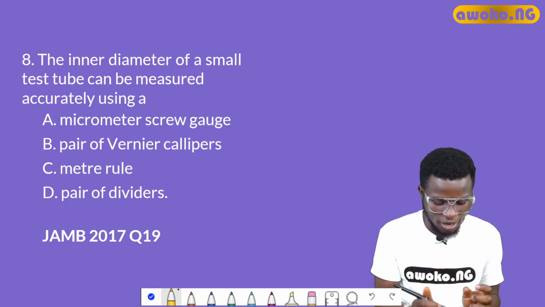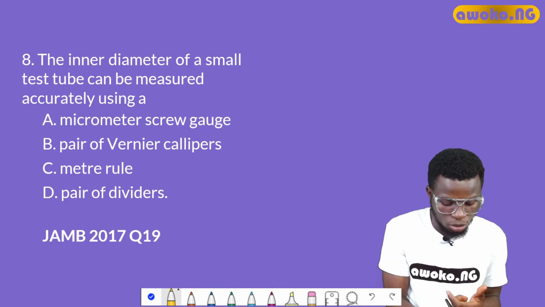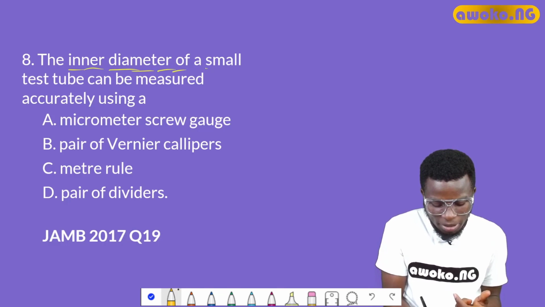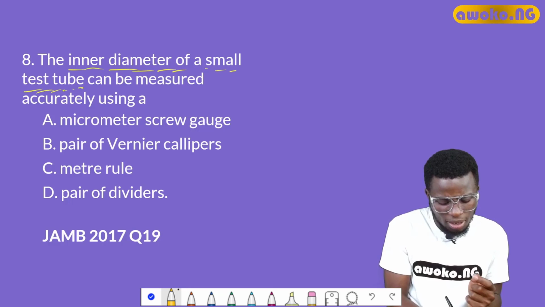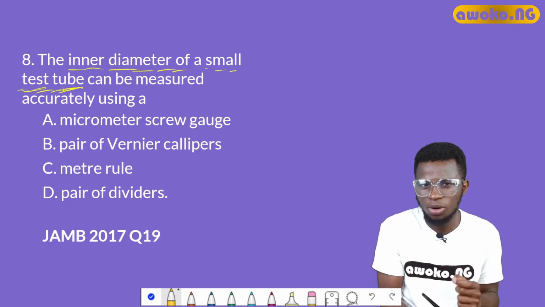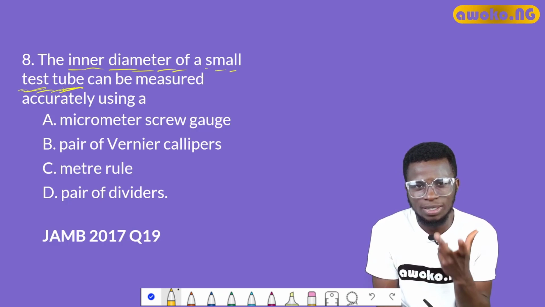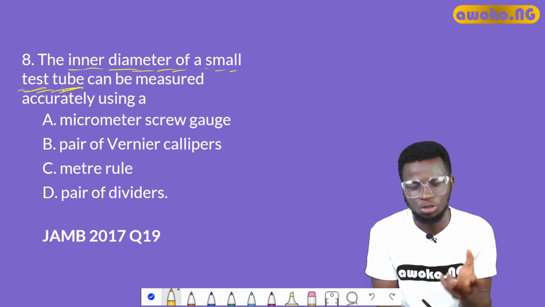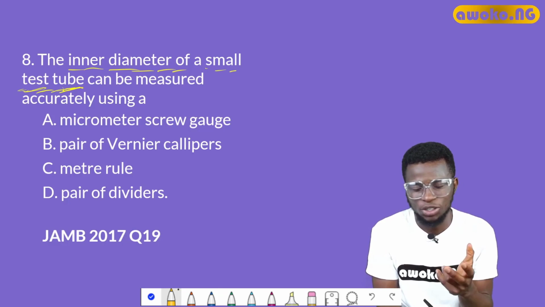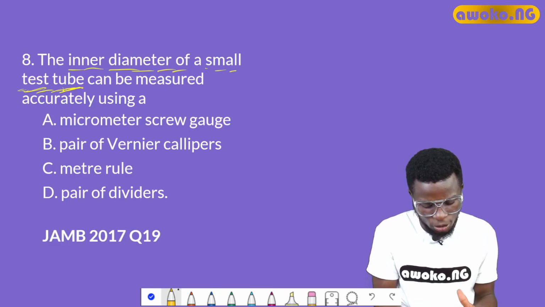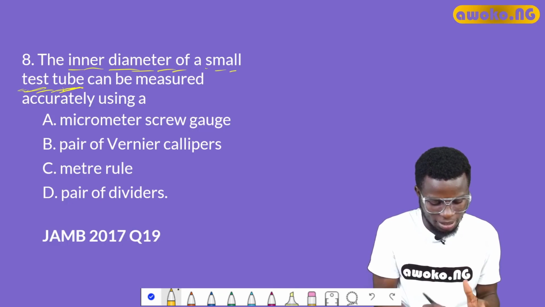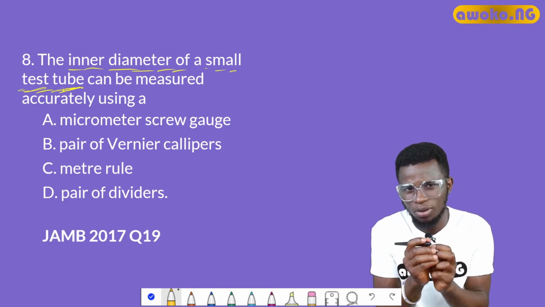What we are asked to find is which instrument we can use to measure the internal diameter of a very small test tube. Of course, the material we want to measure determines the type of apparatus to use. So, what do we use to measure the internal diameter of a very small test tube?